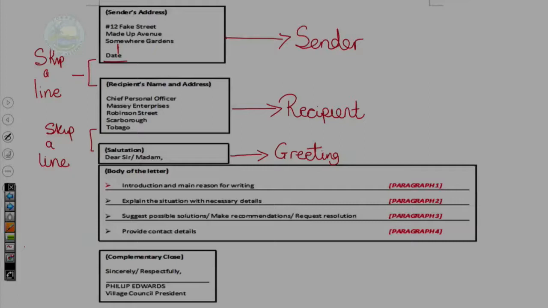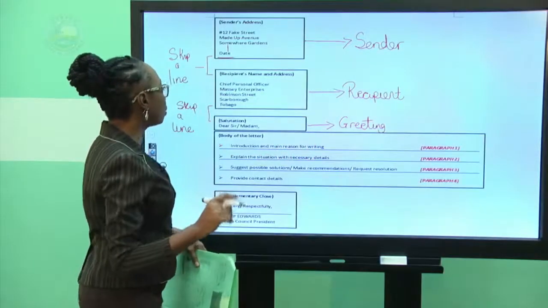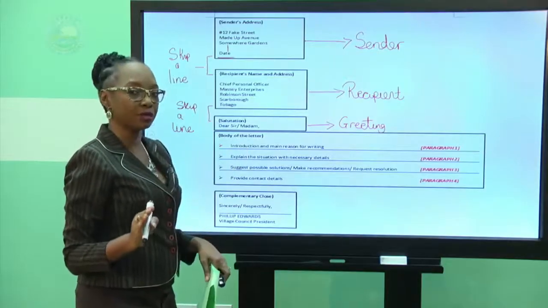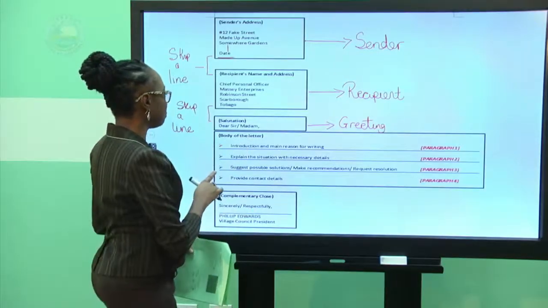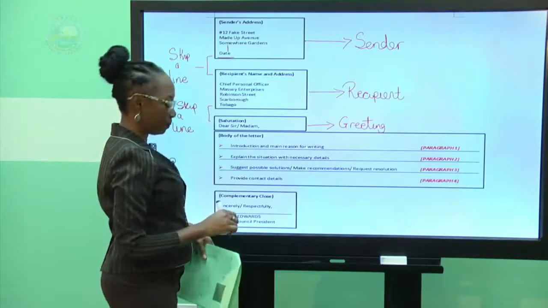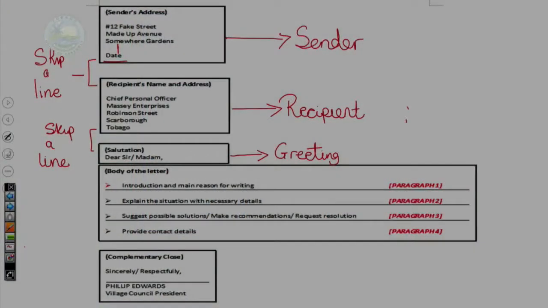So you've done your salutation, which is your greeting, and right below, oh, and before I go there, there's a tendency that we are observing where the punctuation in the salutation is sometimes inaccurate. We've observed that some students, after you've said dear sir or madam, put a colon. We've seen colons.